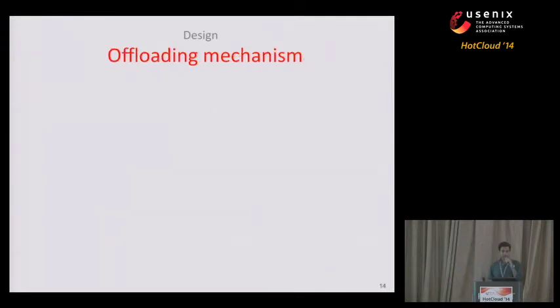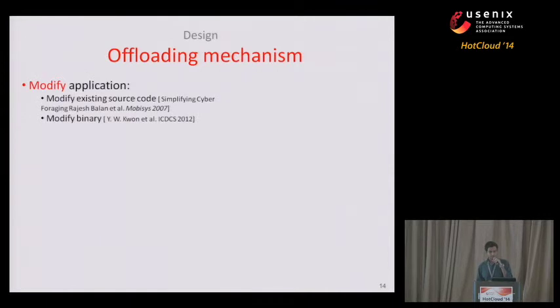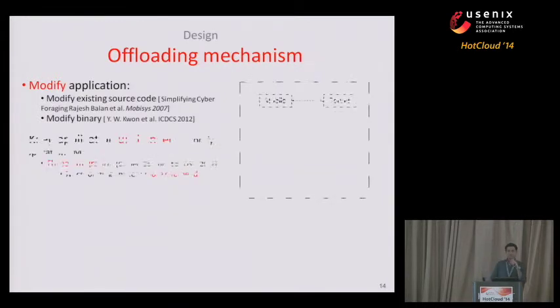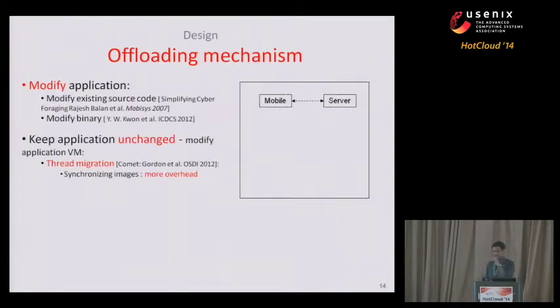And secondly, we have also come up with the offloading mechanism. Our first solution was to modify the applications, like that was done in the MobiSys and previous papers. But here the problem is that, again, either you have to modify the source code or the binary, which we don't want to do. Actually, without the modification, the offloading can be done, which was done in the OSDI 2012 CloneCloud... the COMET paper, another very good paper.